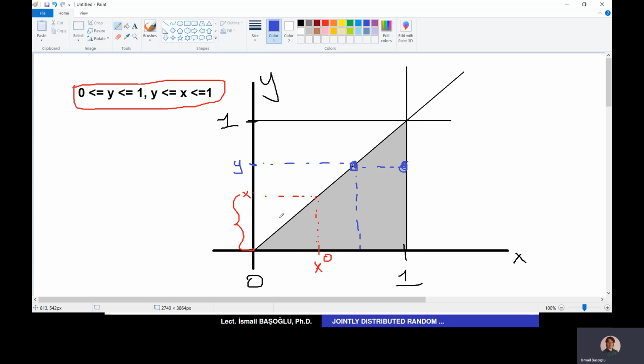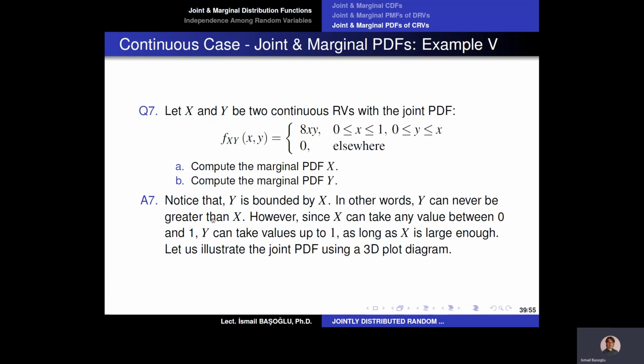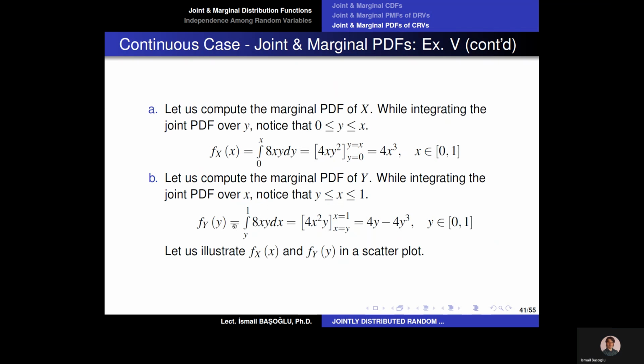Now, because over this x equal to y line, the value here is equal to y, we need to integrate the x variable from y to 1. Therefore, in the second part where we intend to calculate the marginal PDF of y, we need to integrate the joint PDF with respect to x.